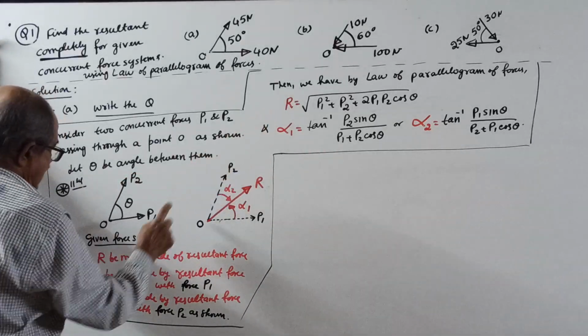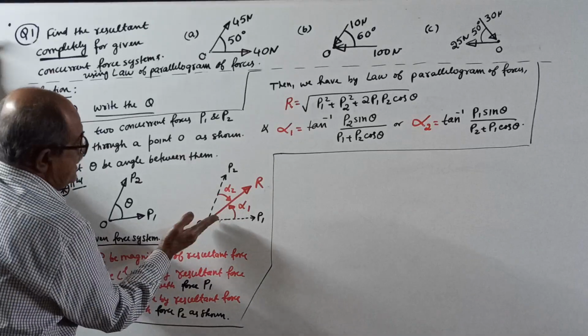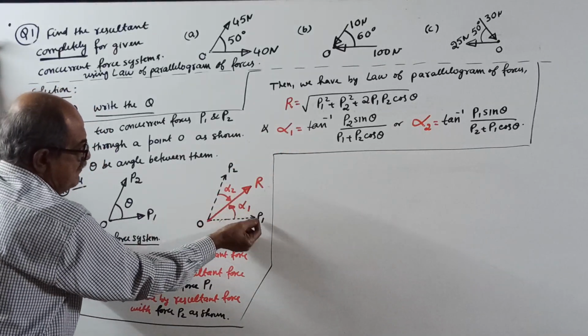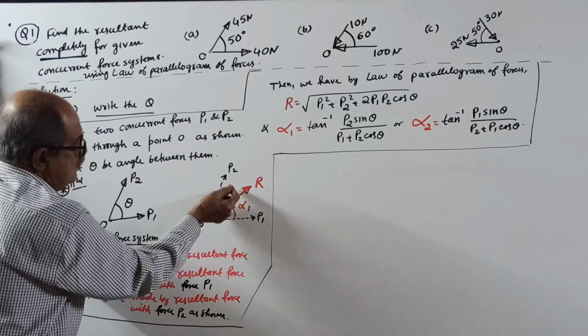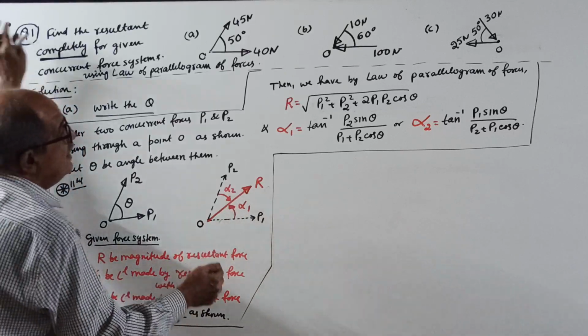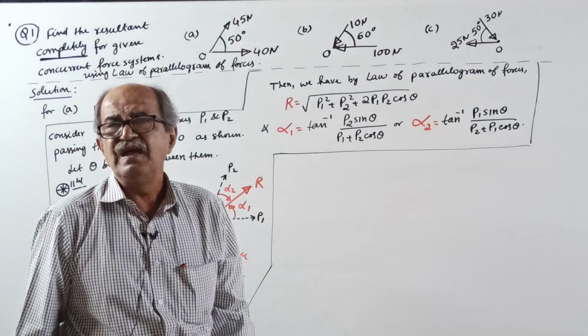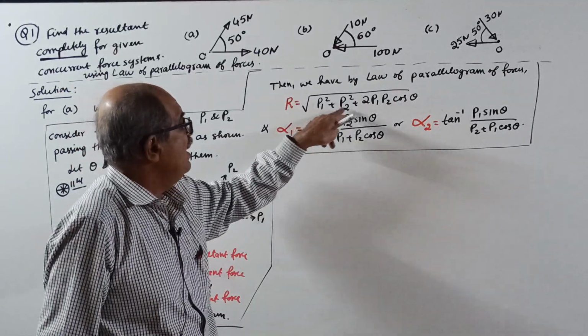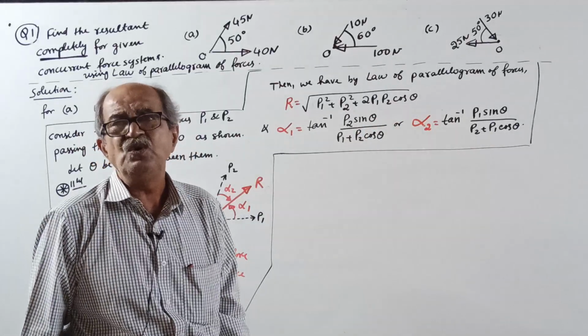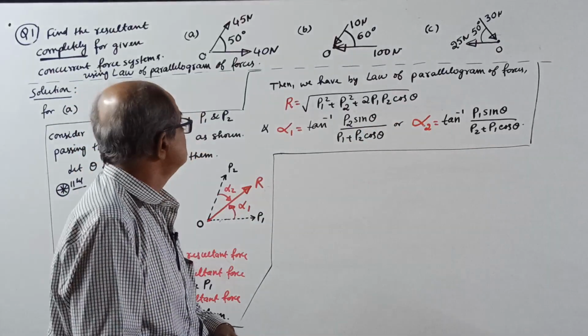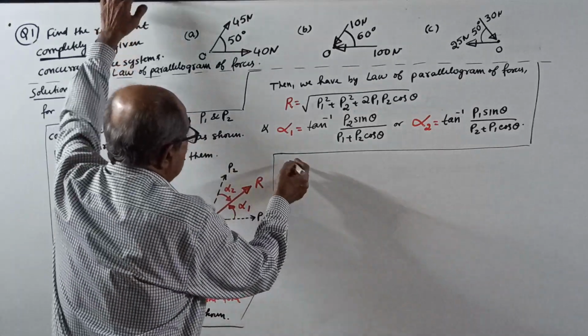Let R be the magnitude of the resultant. Let the resultant make angle alpha 1 with the force P1 or alpha 2 with the force P2. The statement is written and the formula has been very thoroughly explained for you. So now it is your duty to thoroughly understand. Now come to question 1, right here.